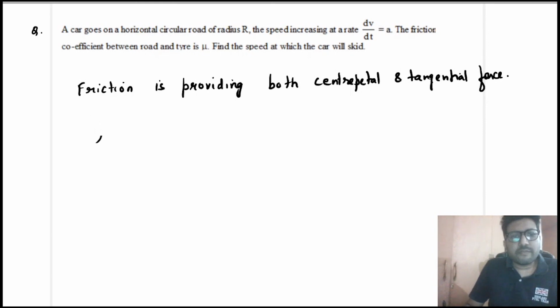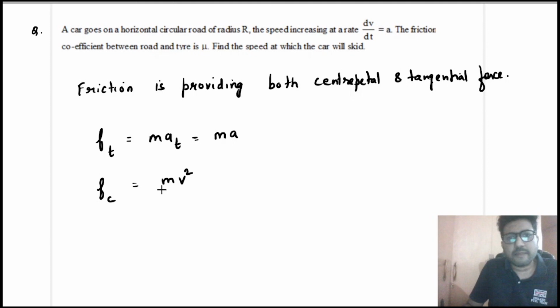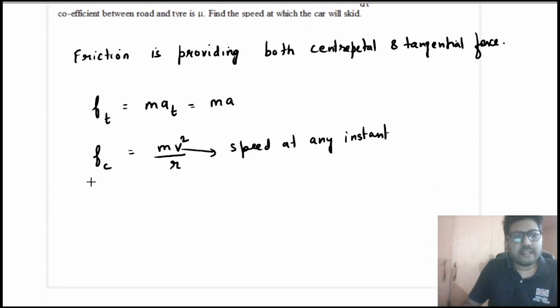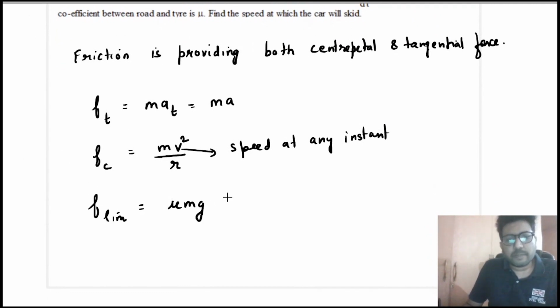So the tangential friction will be equal to m into a tangential, and according to this question, a tangential is equal to a. And friction is also providing the centripetal force, and that will be equal to m v square by r, where v is the speed at any instant. You also know that the friction has a limit. The limiting value of friction will be equal to mu m g.